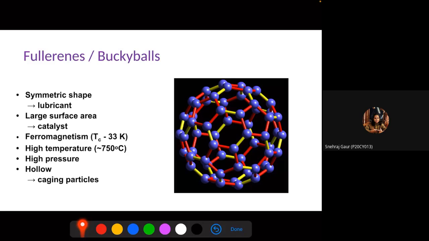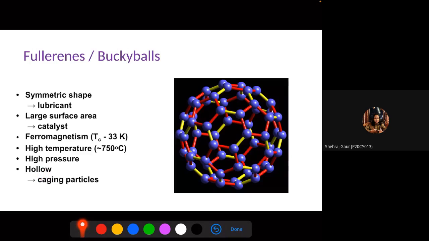So you can also functionalize it, and that is why doping, such as nitrogen doping, can be done. It can also be used in biomedical applications, and this hollowness also lets you capture particles inside the fullerene.